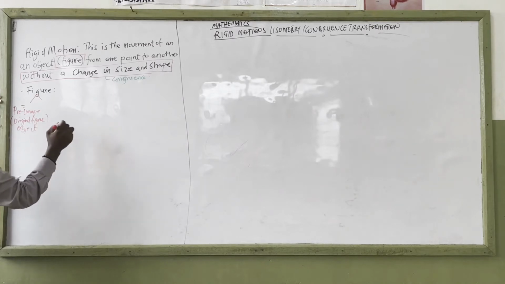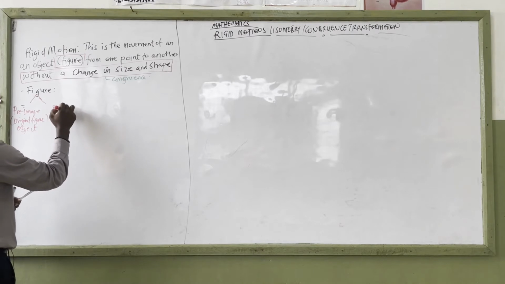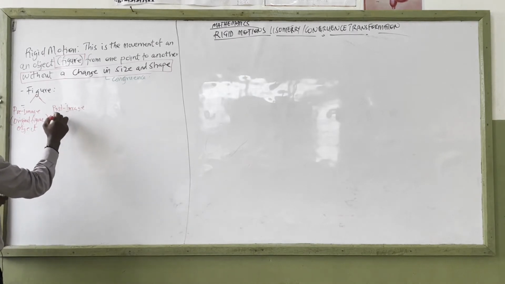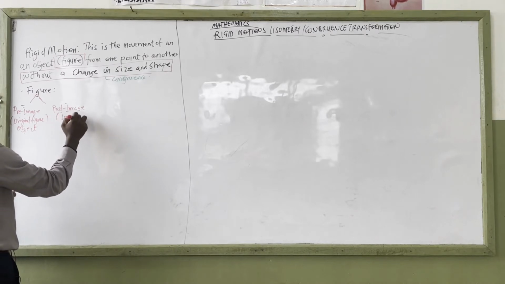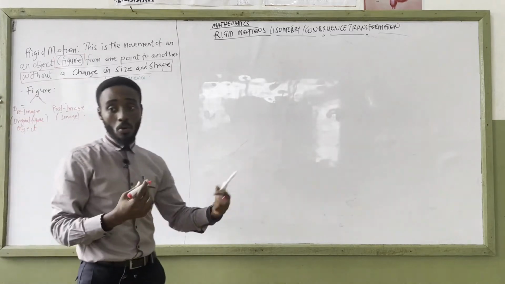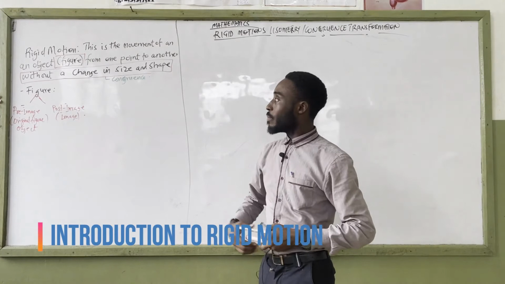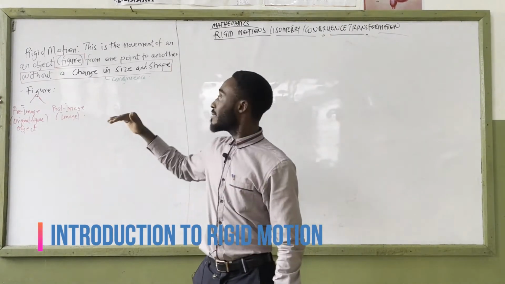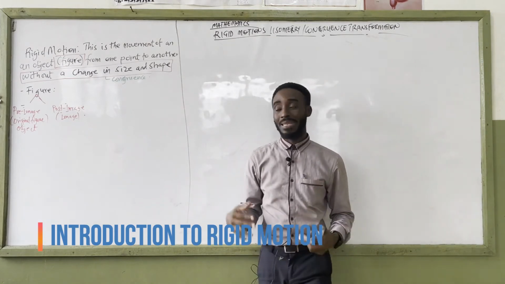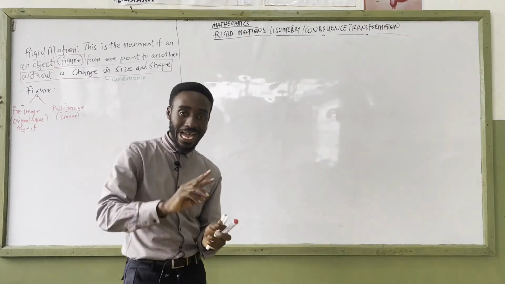And then the post-image, also referred to as just the image. And like I said, when we look at congruence, we are relating to that attribute of this motion that is without a change in the size and shape.